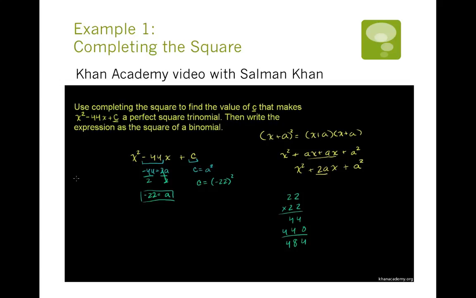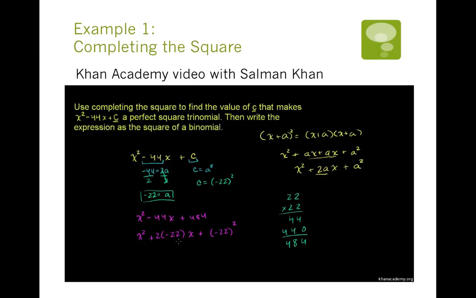So if we were to rewrite this as x squared minus 44x plus 484, then this is a perfect square trinomial. Or we could write it like this. This is x squared plus 2 times negative 22x plus negative 22 squared.